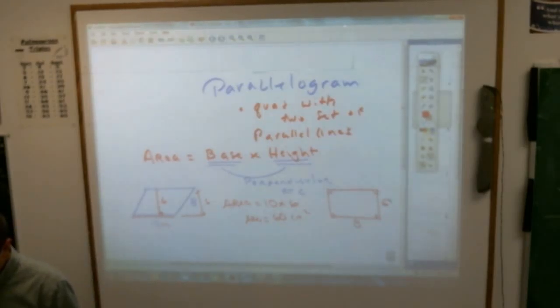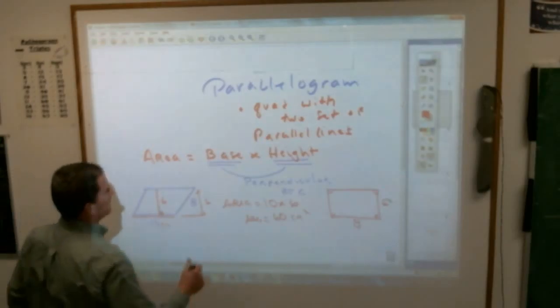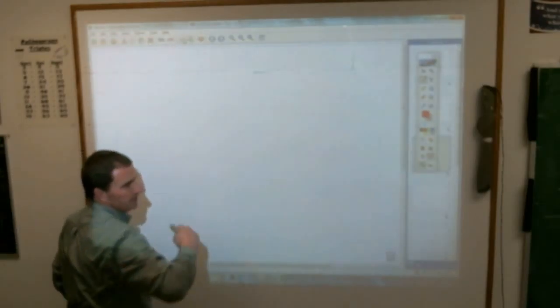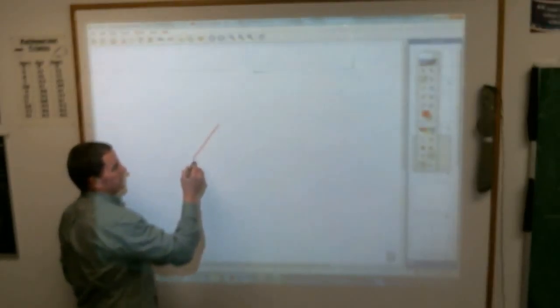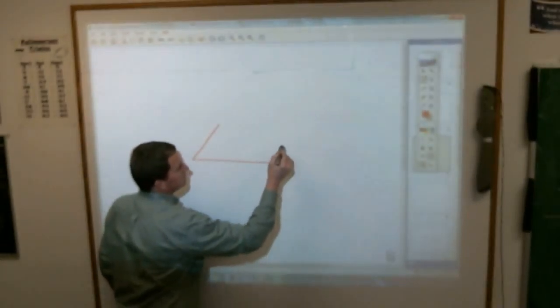What else can we talk about in this one? Can we talk about something here? Yes, they do, I think. The other thing about parallelograms is this. Have we talked about supplementary angles? Complementary angles? No? Yeah? No? Jot down another parallelogram in your notes.